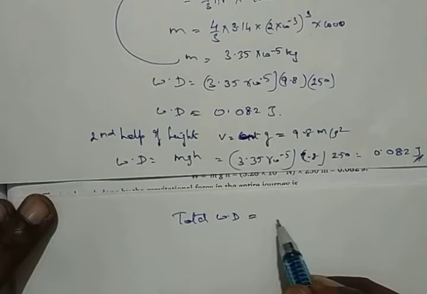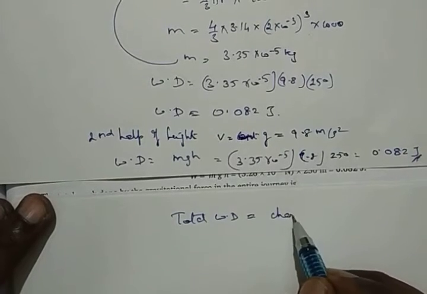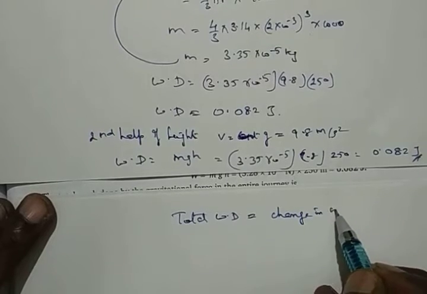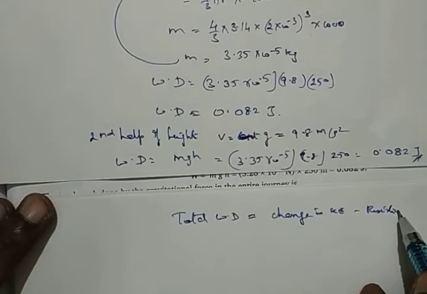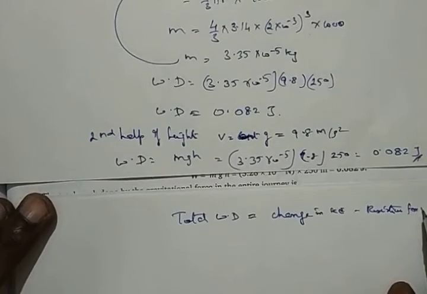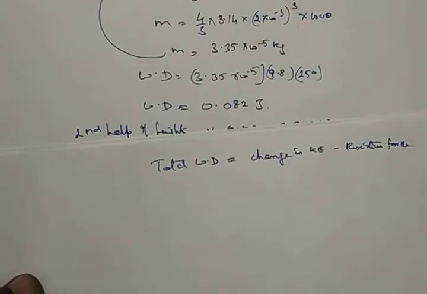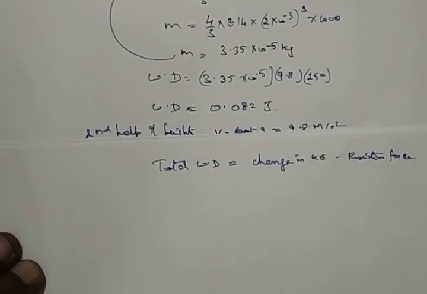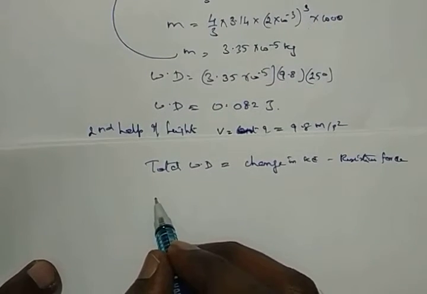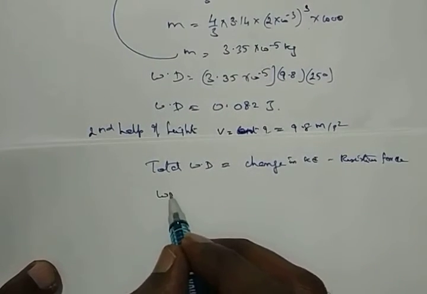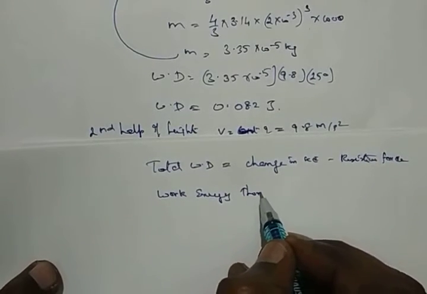Total work done is going to be equal to change in kinetic energy minus resistive force. Or otherwise, I would also give you the clarity of this one. What is the work energy theorem?